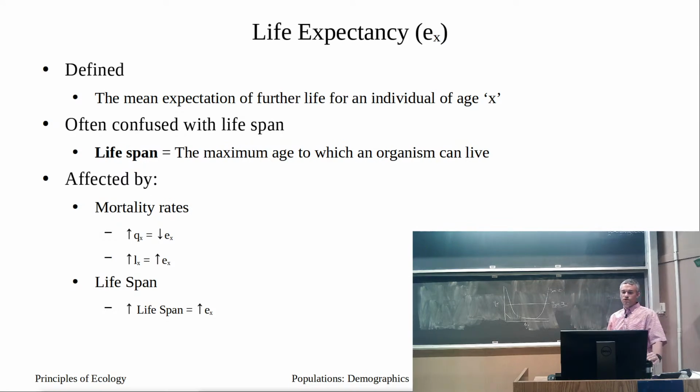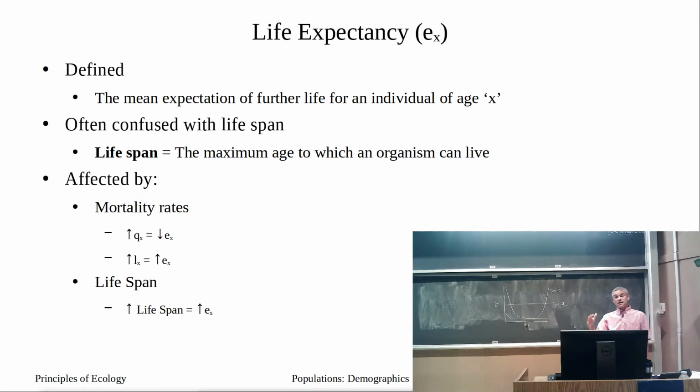So what affects our mortality rates? Survivorship. So Q sub X and L sub X. L sub X is our survivorship, Q sub X is our mortality. If we increase our mortality rates, if we increase these Qs, we decrease our life expectancy, and that Q can happen at any of our ages.